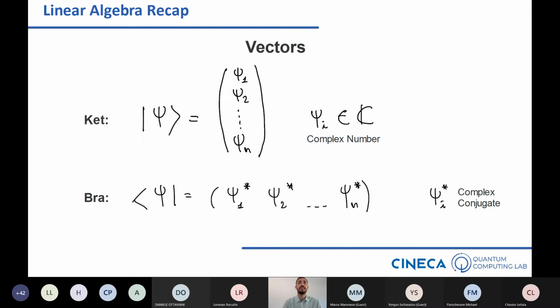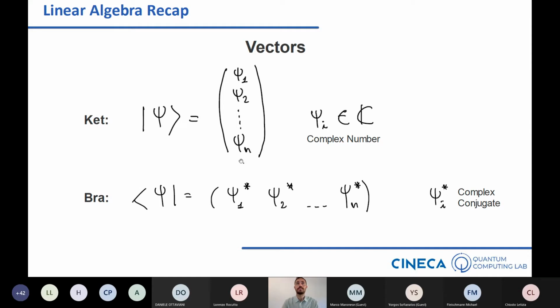The first thing that you need to have in mind is the Dirac formalism for quantum mechanics. Vectors are usually represented with a ket, with this bracket like here. Psi is the usual way you represent quantum states.